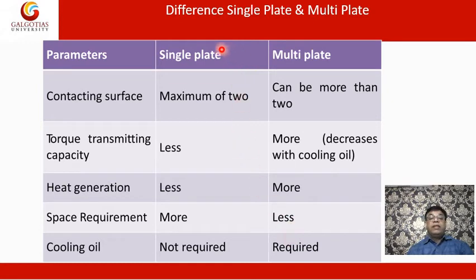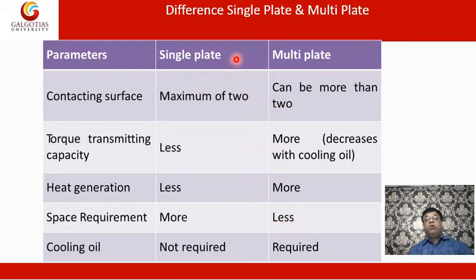The single plate clutch is also known as the dry clutch because no cooling oil is required, and the multi-plate clutch requires cooling, so it is known as wet clutch. So this is a dry clutch, this is a wet clutch.